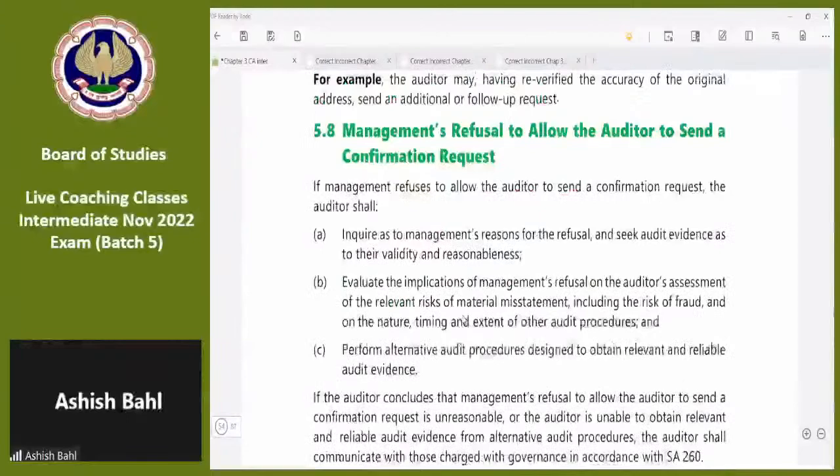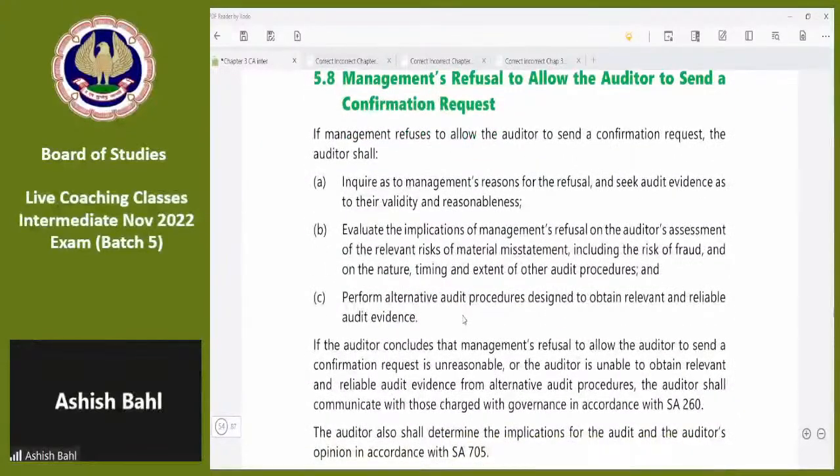And guys, now this thing is very important. Point number 5.8, very important. What happens if the management refuses to allow the auditor to send a confirmation request? The auditor can send the confirmation request only if management is willing.